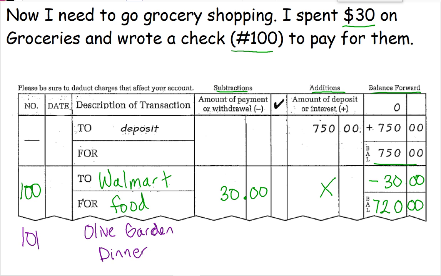Okay, so I would continue this line down. And I spent $69.40. Okay, again, I didn't have any interest or a deposit. So then I would take this amount and subtract $69.40.